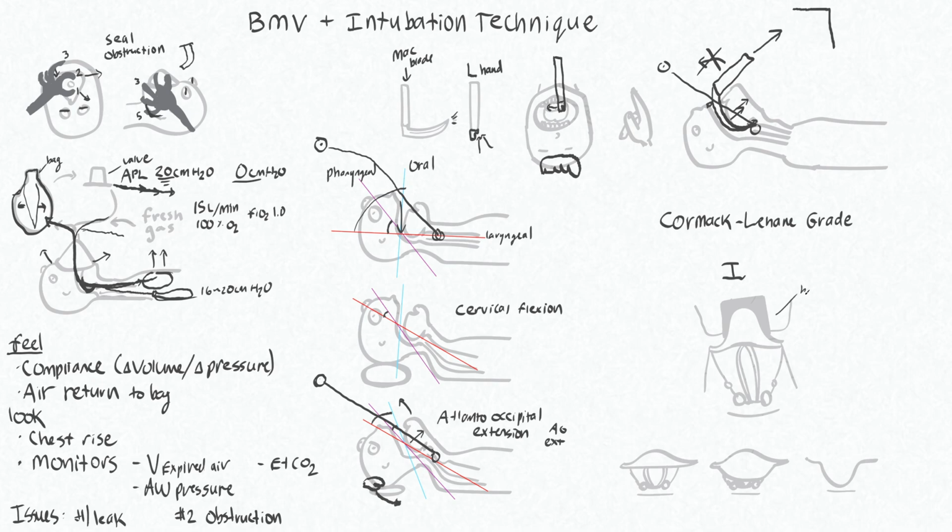So this is the base of the tongue. You would have first seen that you're advancing your blade along the tongue here, and then you've got the tip of the blade right in the vallecula, which is where the base of the tongue meets the epiglottis. So of course, this is the epiglottis.